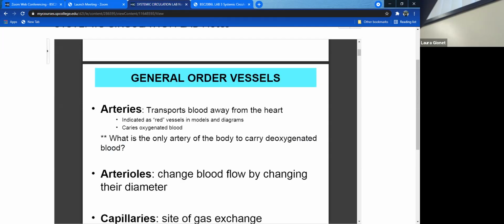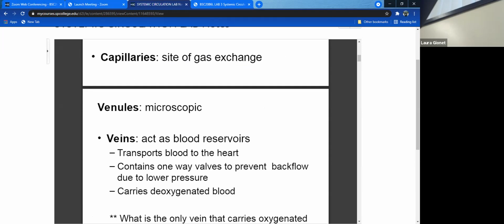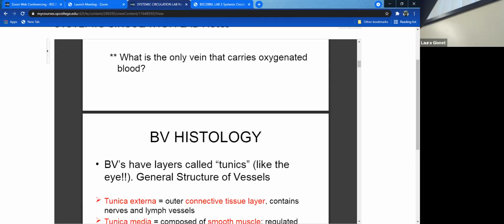Here it talks about the general order of vessels, arteries, arterioles to capillaries, and what their functions are. Venules and veins act as blood reservoirs. They contain one-way valves.